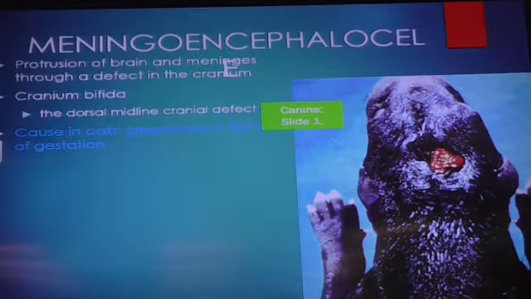Oftentimes this is unexpected. In the first week of gestation, you will typically not know that a cat or dog is pregnant. But if you give that animal griseofulvin through that first week of gestation, it causes that malformation in the fetus. So it's important to be aware of that.